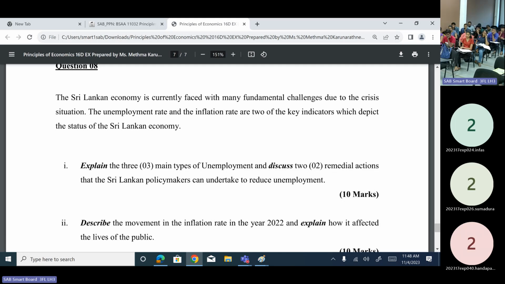Rather than looking at the types of unemployment, we have structural, cyclical. I'm not going to go into those details. Can you give remedial actions for unemployment that is currently existing in Sri Lanka? That you should get. Why is unemployment high at the moment?